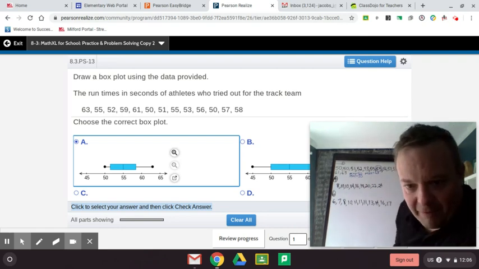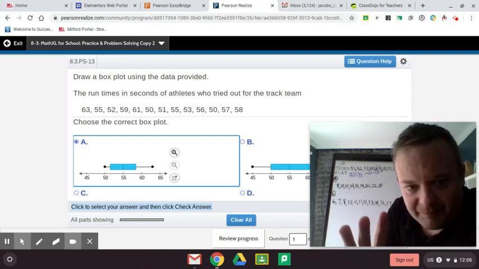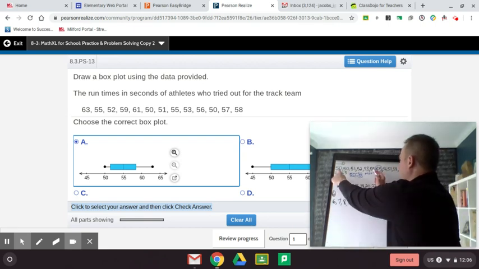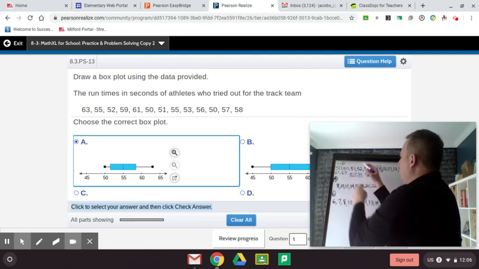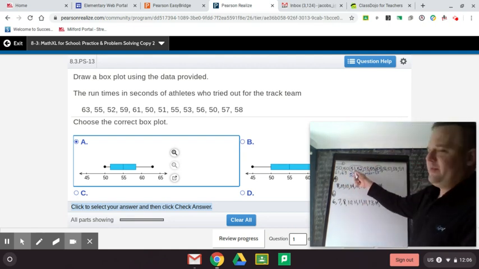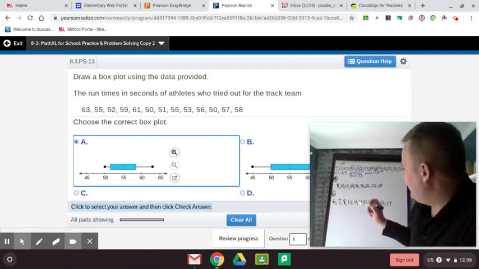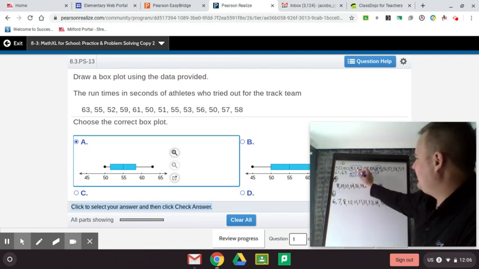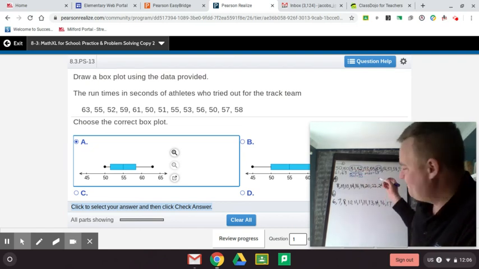All right, now for the middle of the lower half, which is the first quartile. Oh, guys, look, I came down to 2. Whenever you come down to 2, what do you do? You add them up and divide by 2. 51 plus 52, find out what that is, divide by 2, and you're going to get 51.5. See how it's right between that?